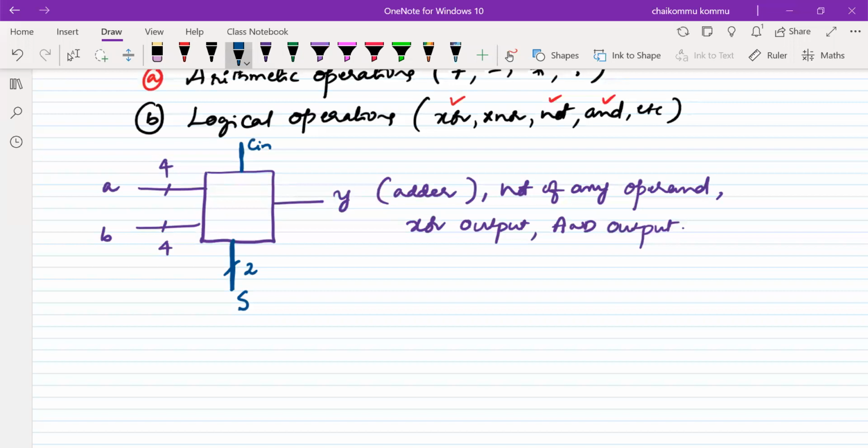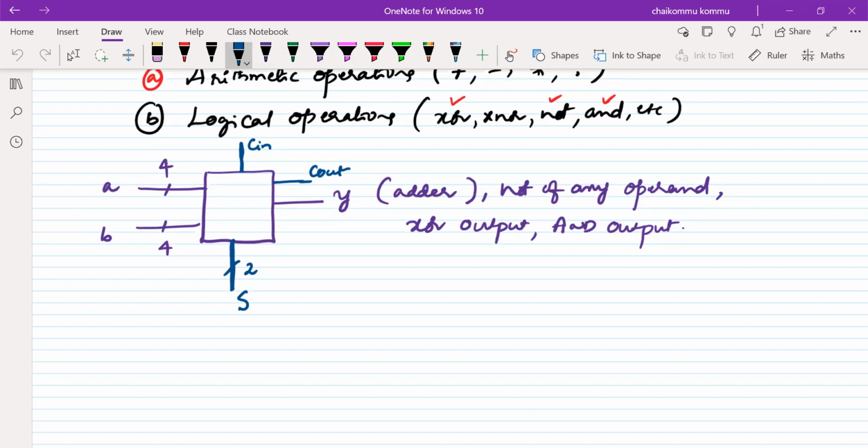Obviously there will also be a carry output, Cout. So whenever you are using this ALU for addition, 2 extra signals are necessary for the carry in and carry out information. But for other cases, it's not necessary. Therefore, we don't want to consider the Cout and carry in information for all other operations.